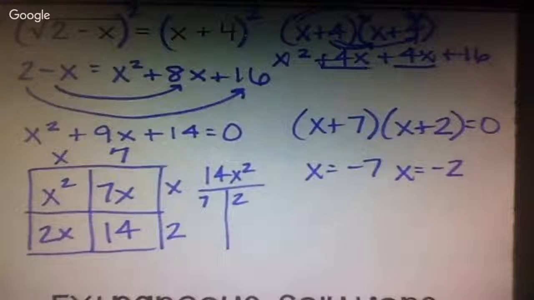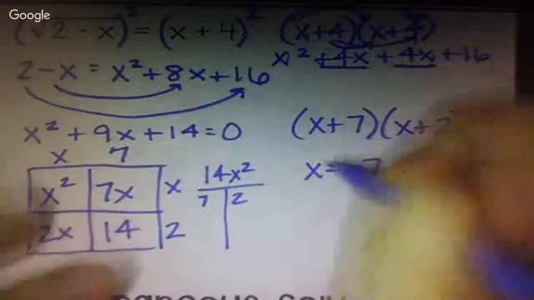So the square root of 2 minus -7 equals -7 plus 4. So this is the square root of 9, which is technically 3. -7 plus 4 is negative. So no, uh-uh. -7 is not going to work.